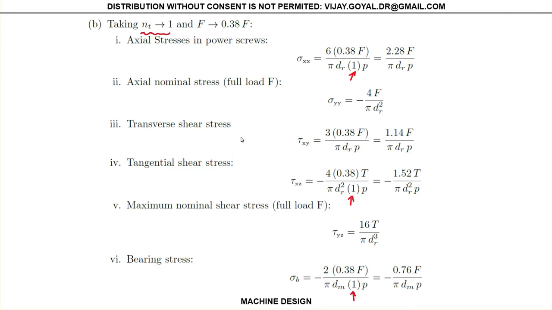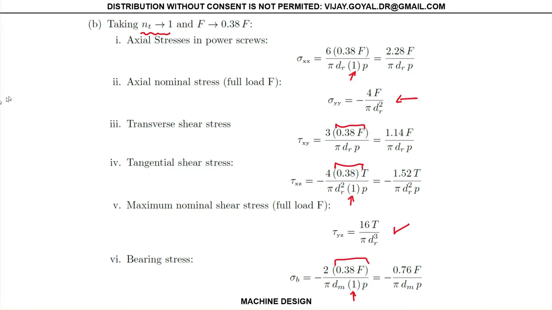The stresses that do change, that experience only 38%, are these stresses right here. All the others, for example this one, experience the full torque. This doesn't experience 38%, neither does this load. So just keep in mind that those stresses need to be modified accordingly.